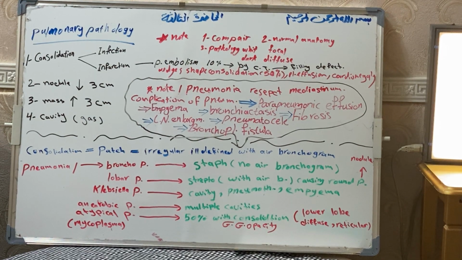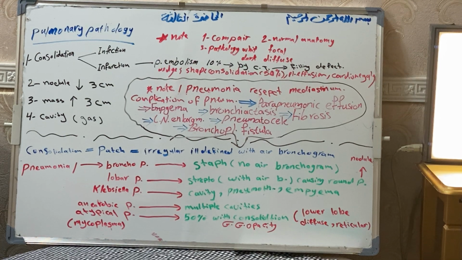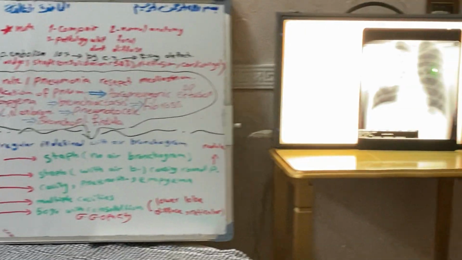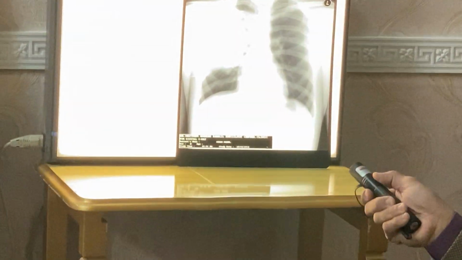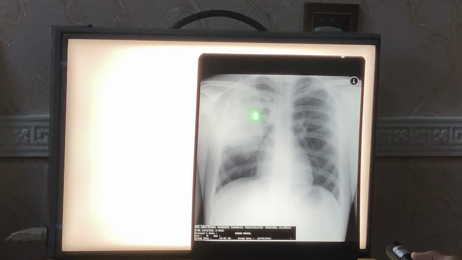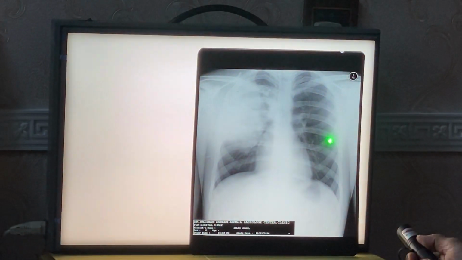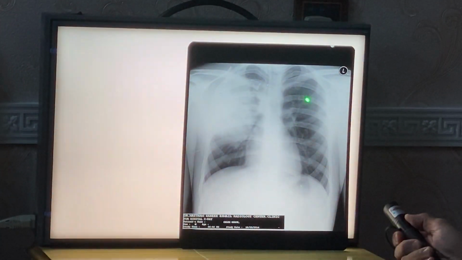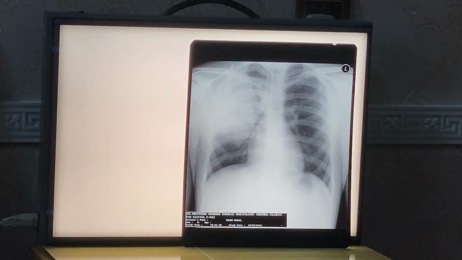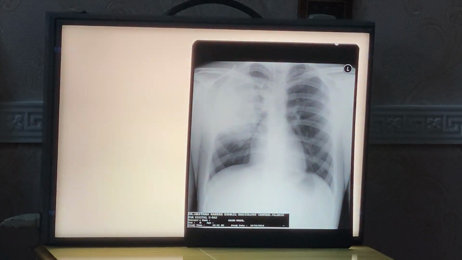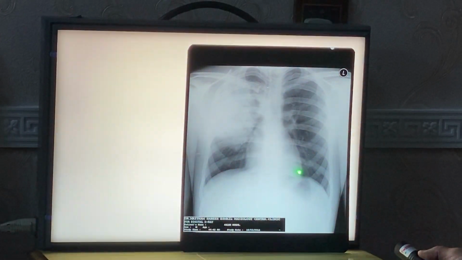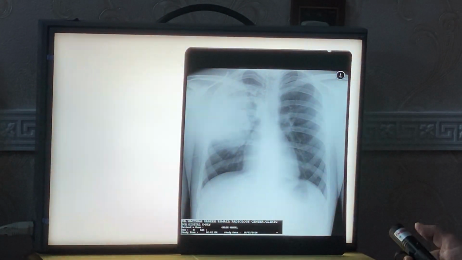Before we speak about the pathology of the lung, don't forget these things. First, always compare between the left and the right side. Any abnormality between them will be abnormal pathology. Second, don't forget the normal anatomical differences.